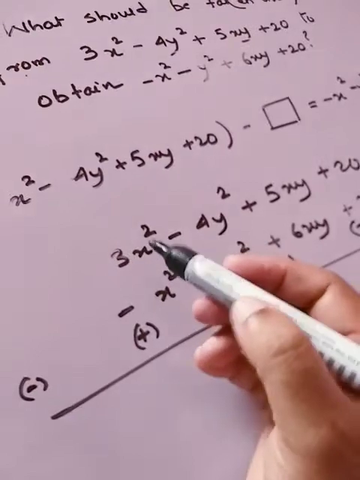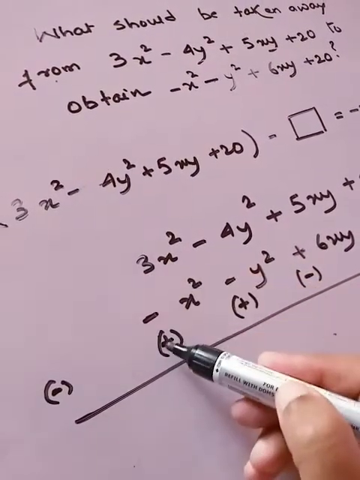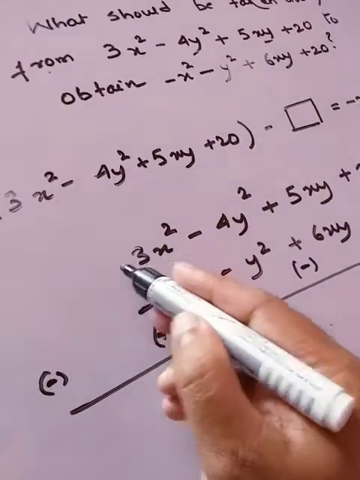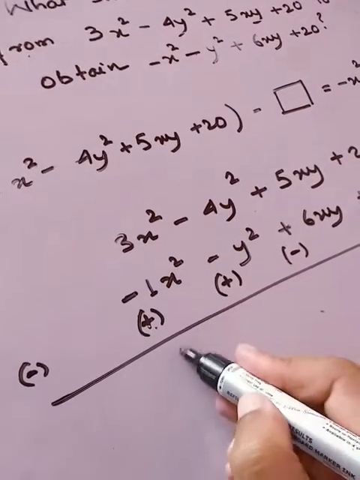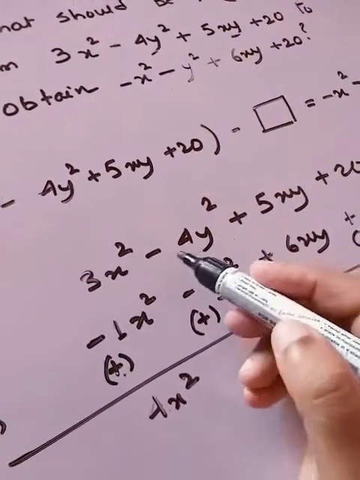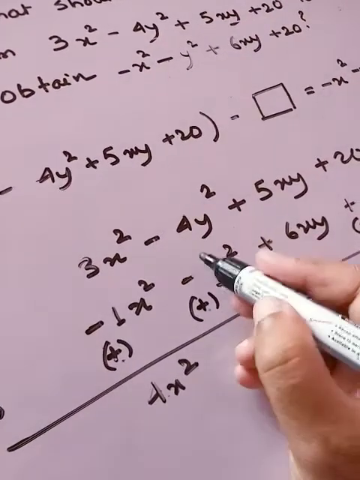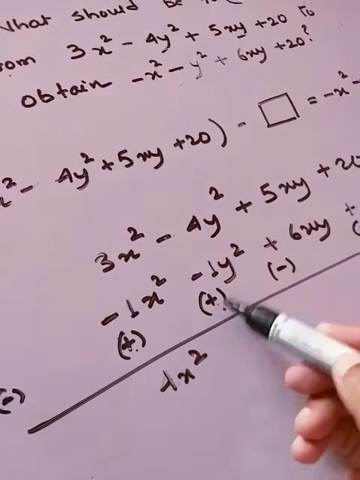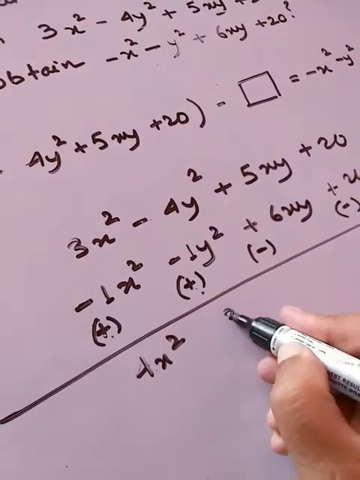So let's begin with the solution. Plus is plus, here we have 1, so 3 plus 1 is 4x². Minus plus is minus, again we have 1 here, so 4 minus 1 is 3y².